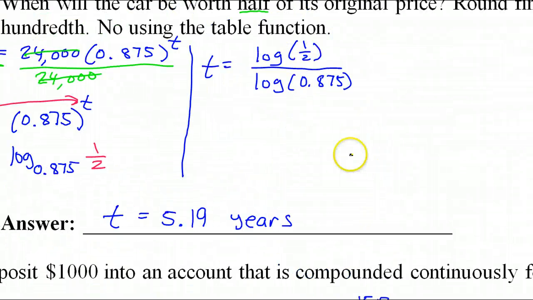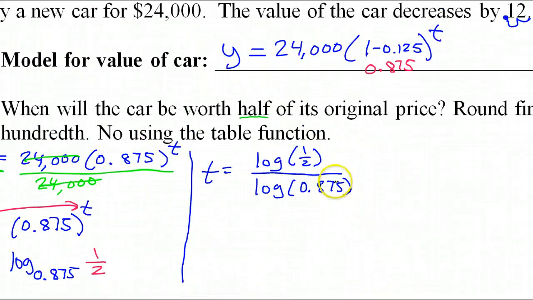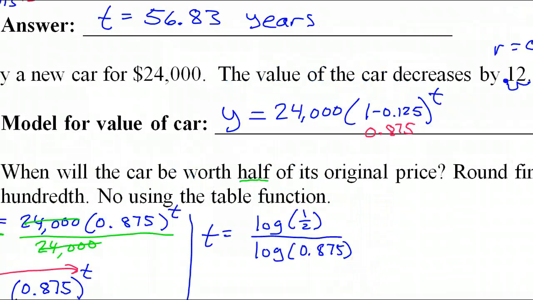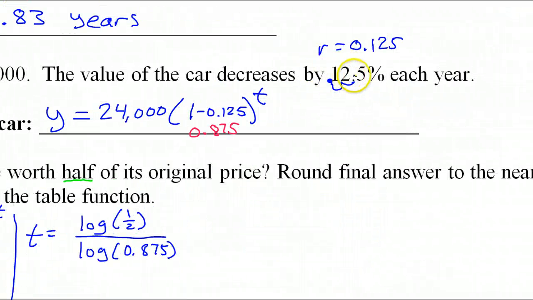Did we do a problem like this before? Yeah, right. When they gave us a percent of 12.5, we didn't put that into the problem directly. We turned it into a decimal, r equals 0.125. Now, the r value that we just found is this decimal. We need to turn it into a percent, like 12.5%. So to do that, we have to move the decimal back over to the right.